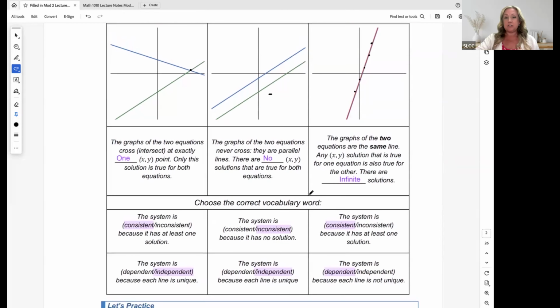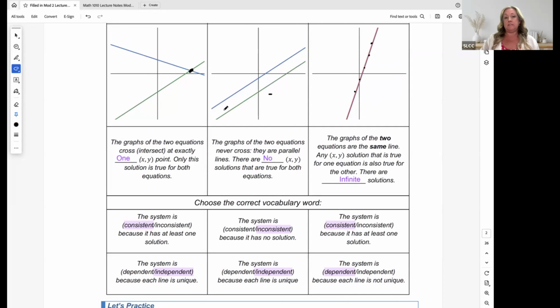All right, now let's turn to talk about consistent and inconsistent, dependent and independent. A system is consistent when it crosses at one point. It's consistent because it has at least one solution. So we've got one solution there, it's consistent.